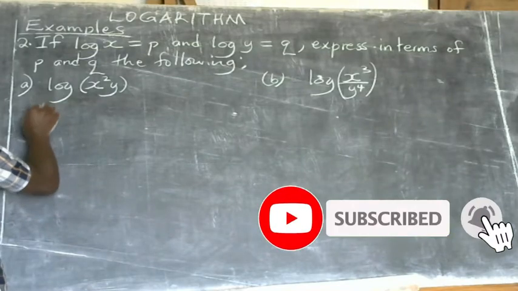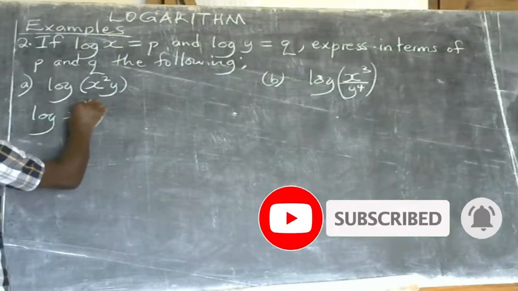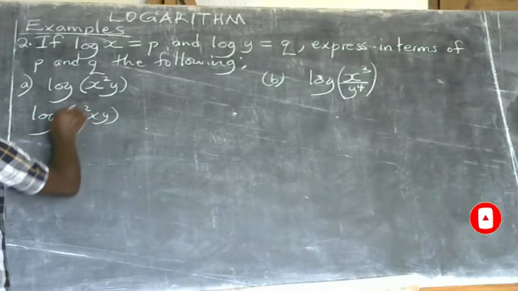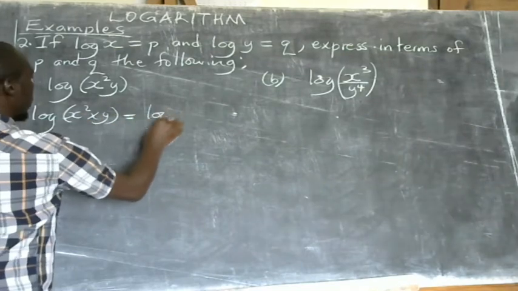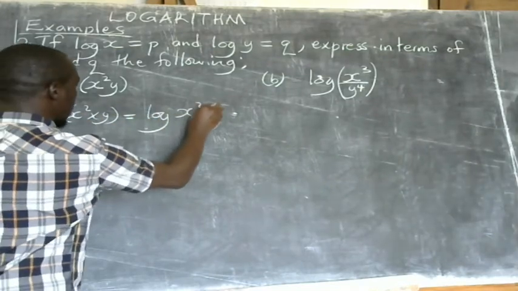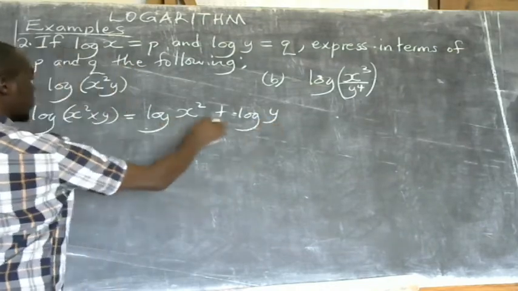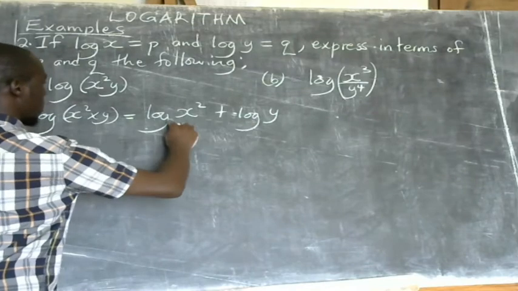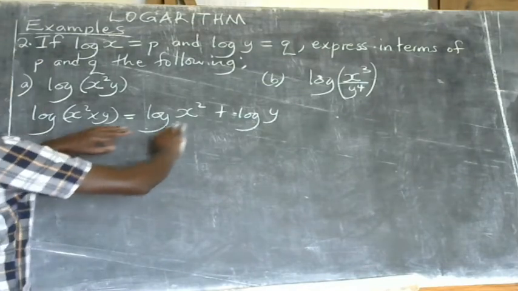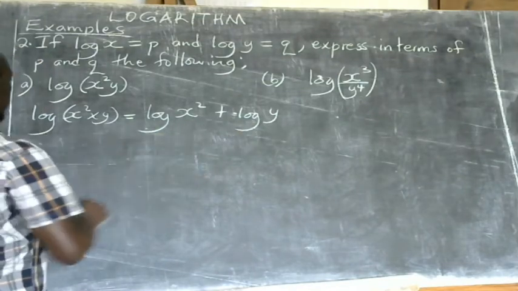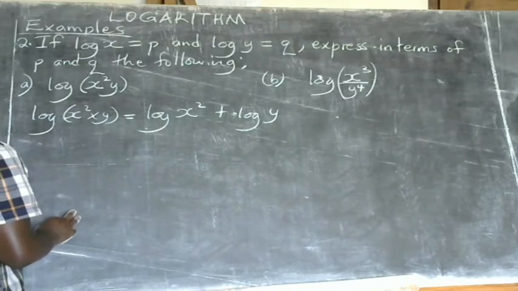So that one there is going to be equal to log of x squared plus log of y. So this is what I was talking about, taking it back, dismantling it, or writing it as distinct logs.